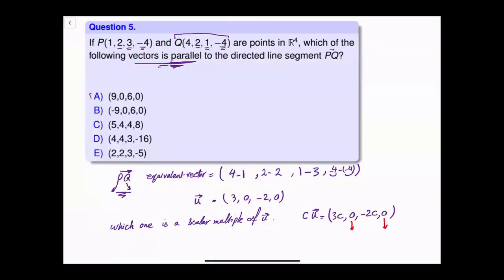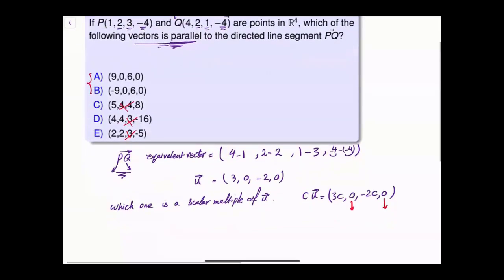We have only two such vectors out of these, so the others are ruled out. Now, which one of these is parallel to U? See here, the third component and the first component are going to have different signs. 9 and 6 have the same sign, so this cannot be the case.